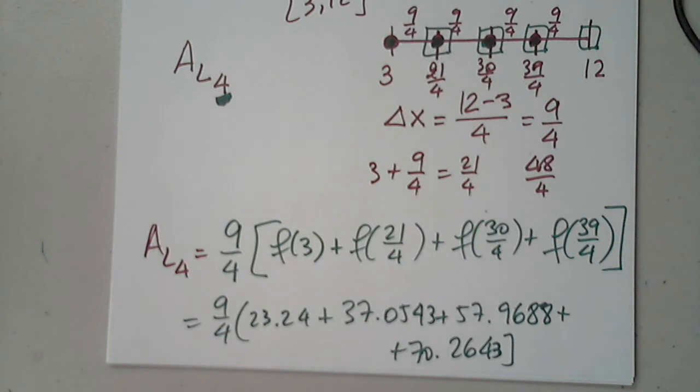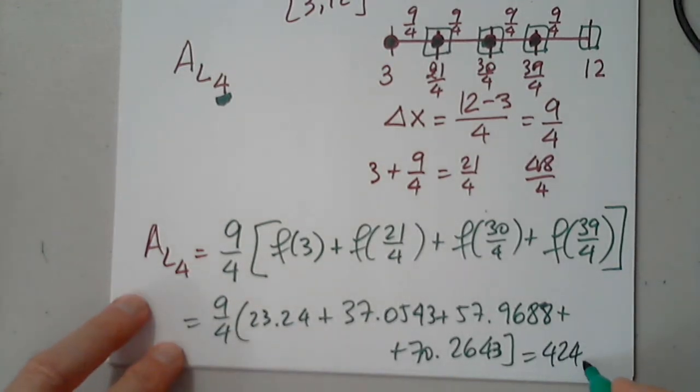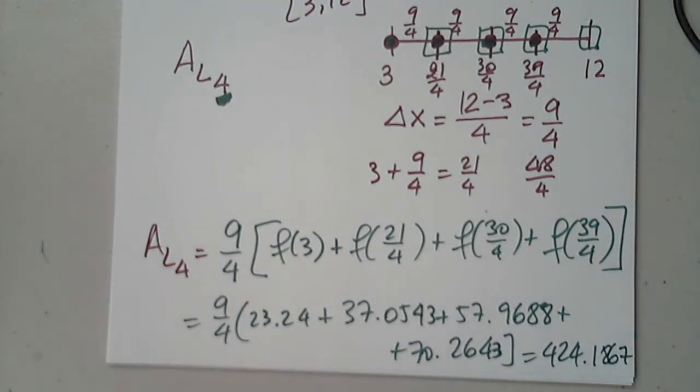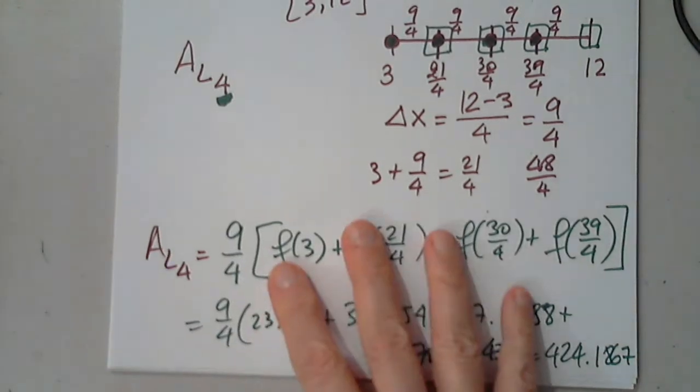Don't forget to close the parenthesis, and I get 424.1867. So that's how we estimate the area under this graph.